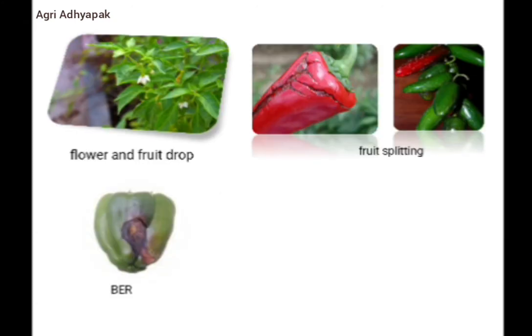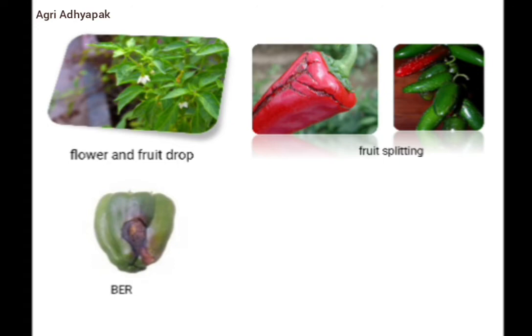And next, in chili, some of the physiological disorders are flower and fruit drop. Here the flower will fall off before setting fruits, or the fruits will fall off before reaching their maximum size. The major reasons are overwatering, lack of airflow, lack of pollination and uneven temperature conditions.